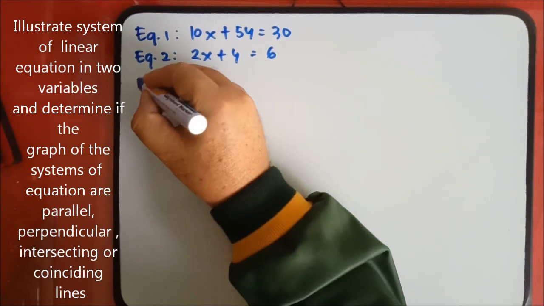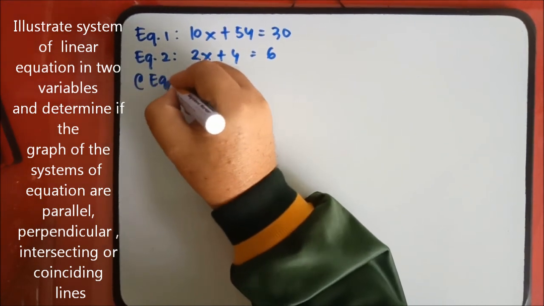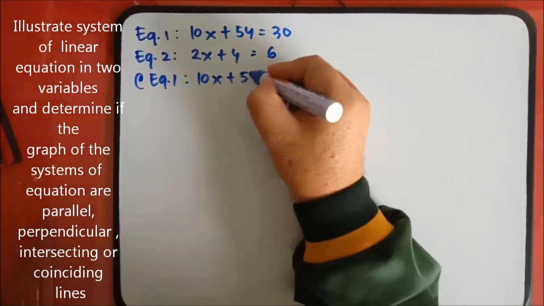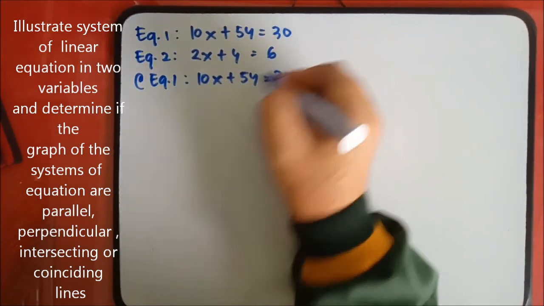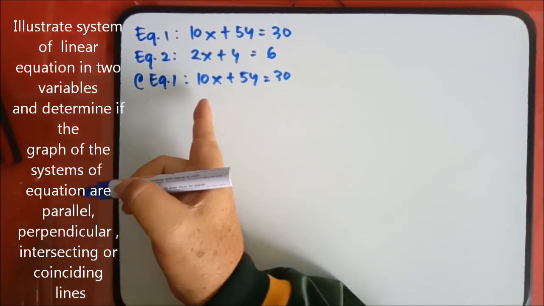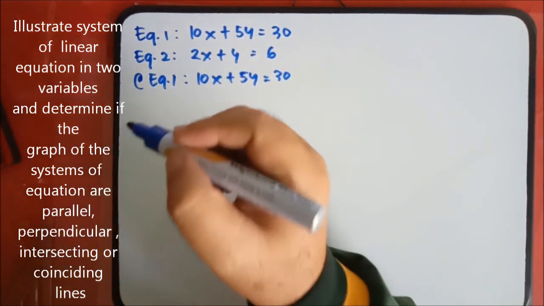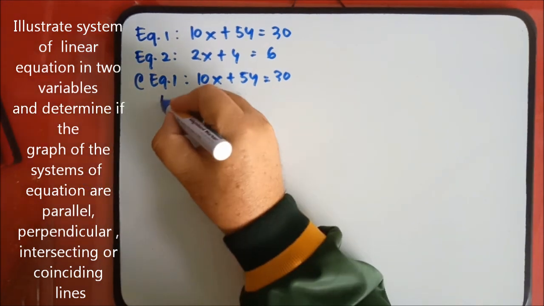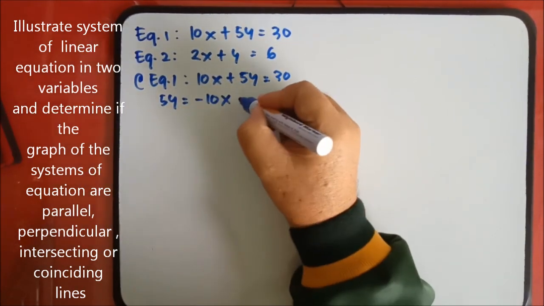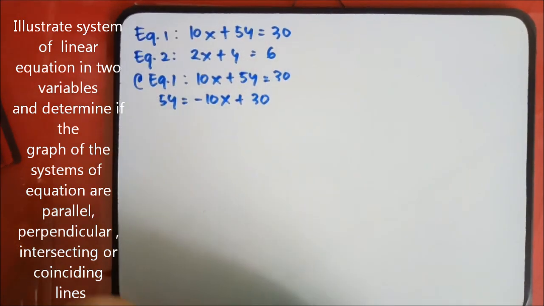Now, at equation number 1, 10x plus 5y is equals to 30. Transfer 10x to the right side of the equation. This will become negative 10x. So, 5y na lang ang matira. 5y is equals to negative 10x plus 30.